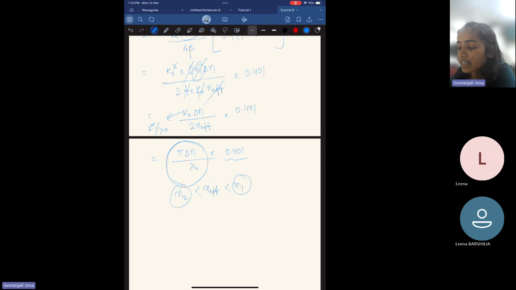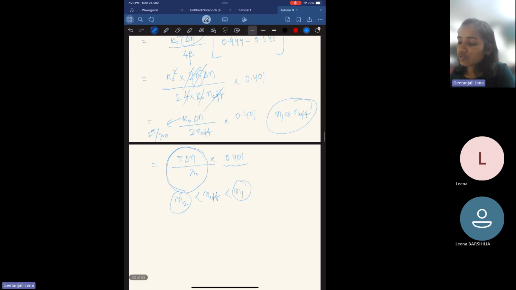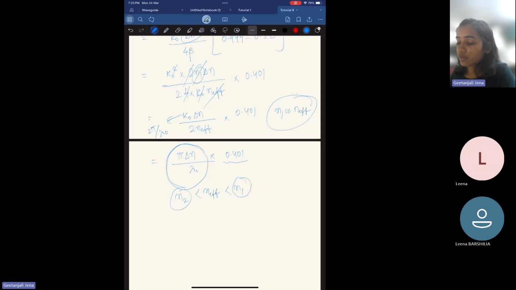So the approximation that I have done is that N1 you can write as N effective. If not, you can write N1 also. It's not a problem, but N1 and N effective are close to each other. So that is why I have cancelled it out.